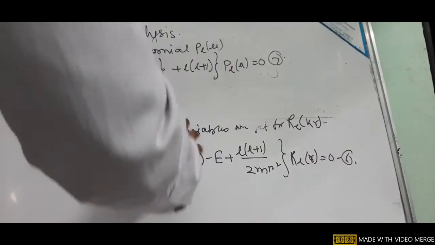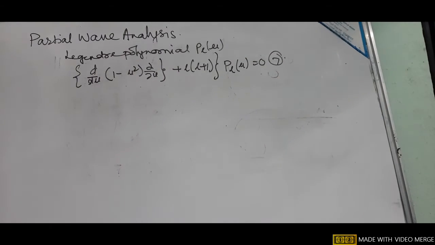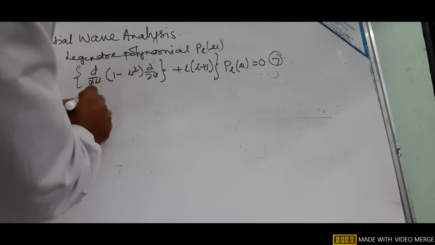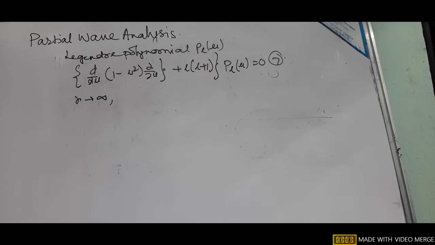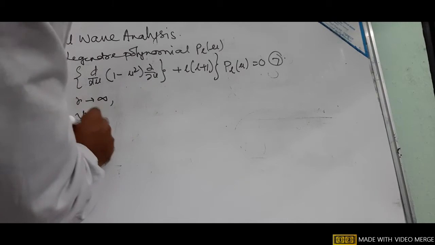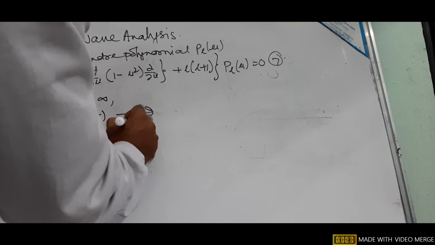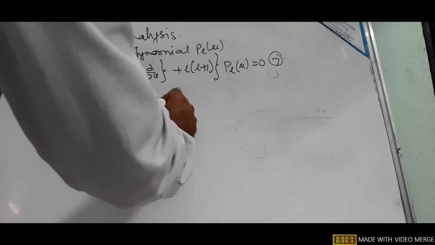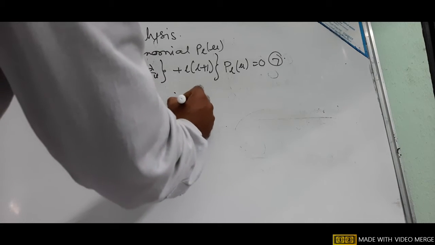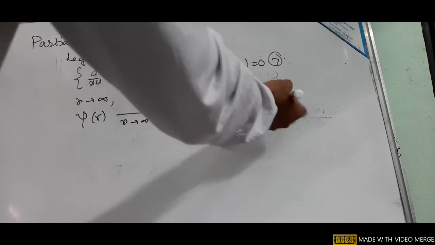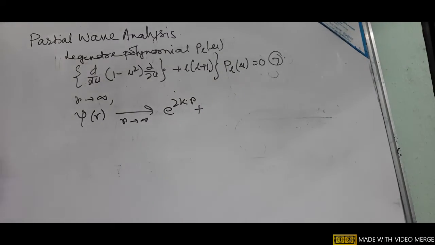So the scattering amplitude is defined from the asymptotic behavior, that is r tends to infinity, then ψ(r) is our plane wave e^(ik·r) plus the scattered wave, which is the spherical wave, f(θ) e^(ikr)/r.